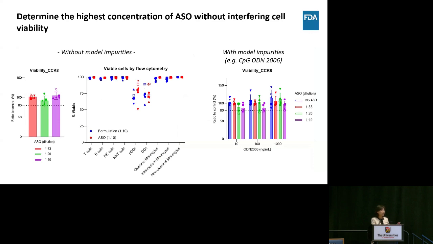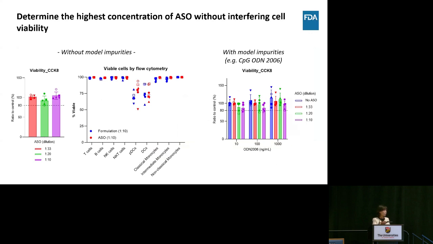You can check cell viability with different assays: CCK, trypan blue, and flow cytometry. We used all of them, and we found that these testing ASOs do not impact cell viability, as you can see here, up to 1 to 10 dilution.